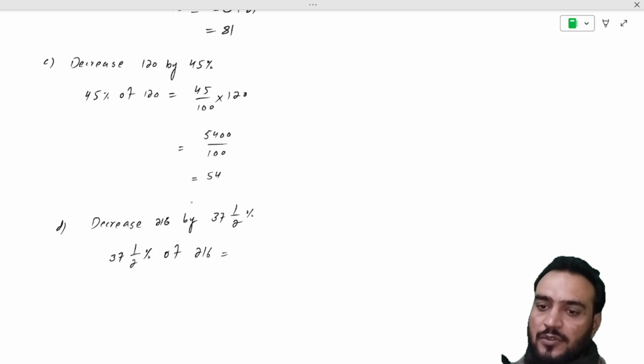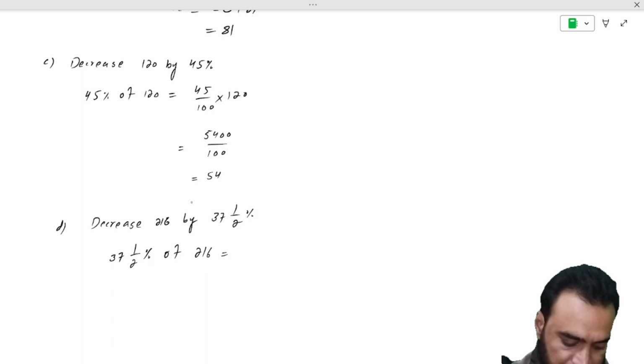First we solve this mixed fraction. 37 twos are 74 plus 1, 75.